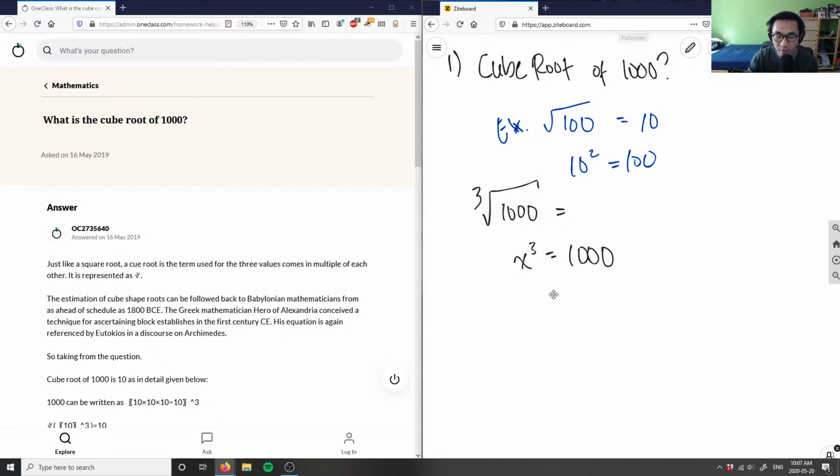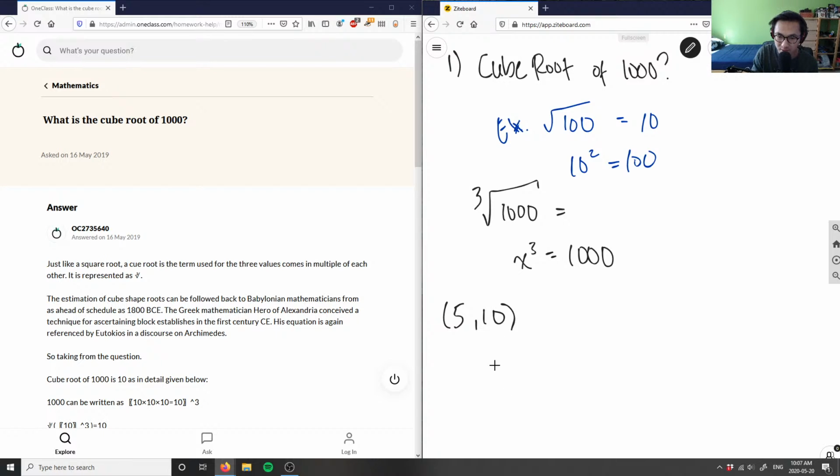How we can solve this problem is by using trial and error to figure out what the cube root of 1,000 is. The numbers that would probably go into 1,000, or be factors of it, would be either 5 or 10. We can cube those numbers and see if we get 1,000.